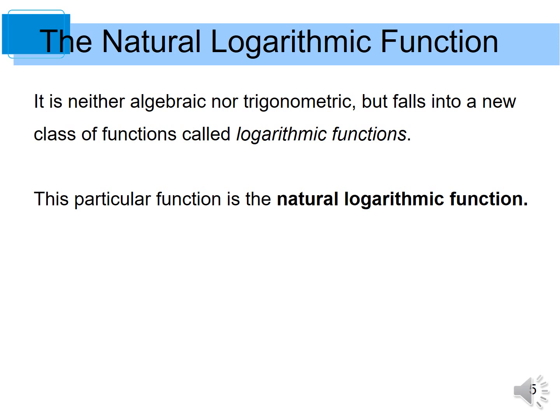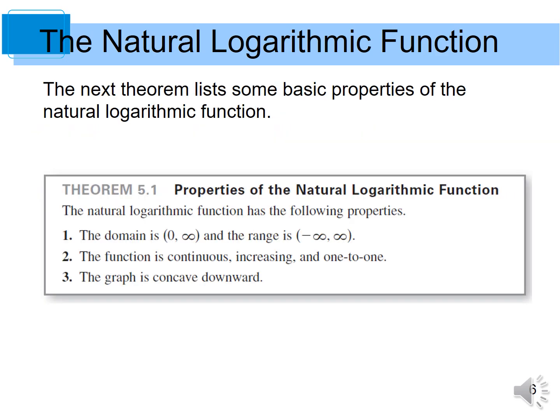It is neither algebraic nor trigonometric, but falls into a new class of functions called logarithmic functions. This particular function is the natural logarithmic function. The natural logarithmic function has the following properties.